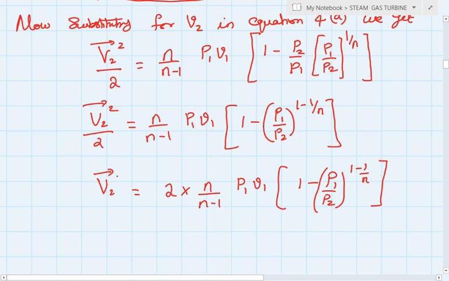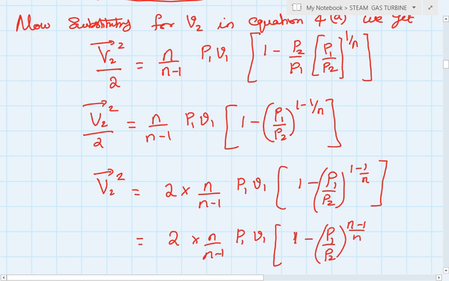I want to make one small modification here. V2 equals the square root of 2 into n divided by n minus 1 P1 V1 into 1 minus P2 by P1 to the power of n minus 1 by n.